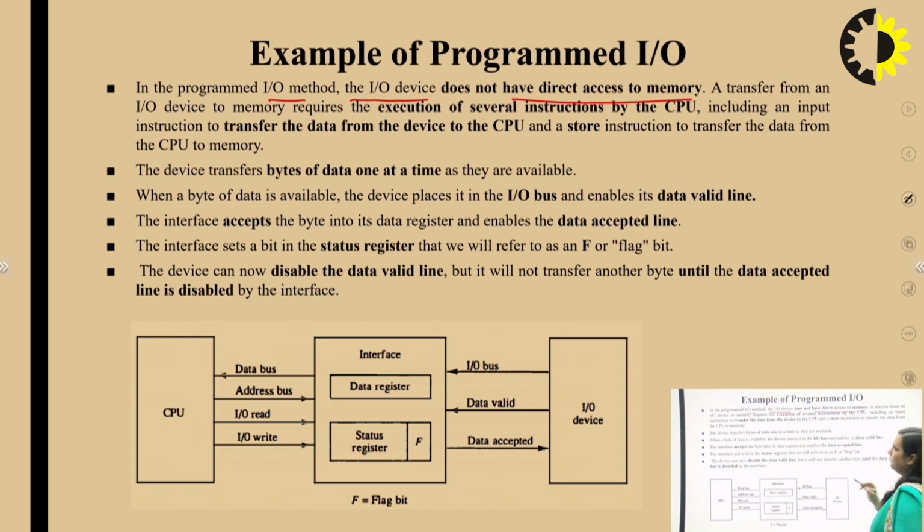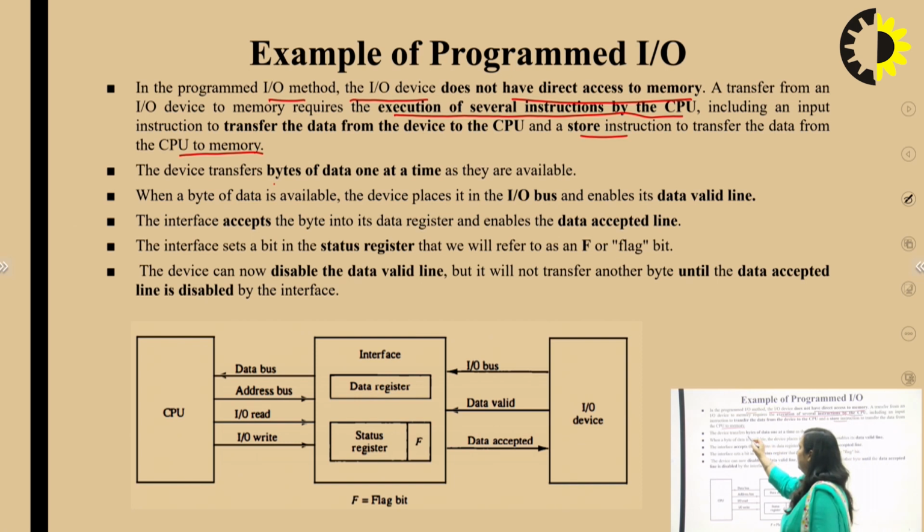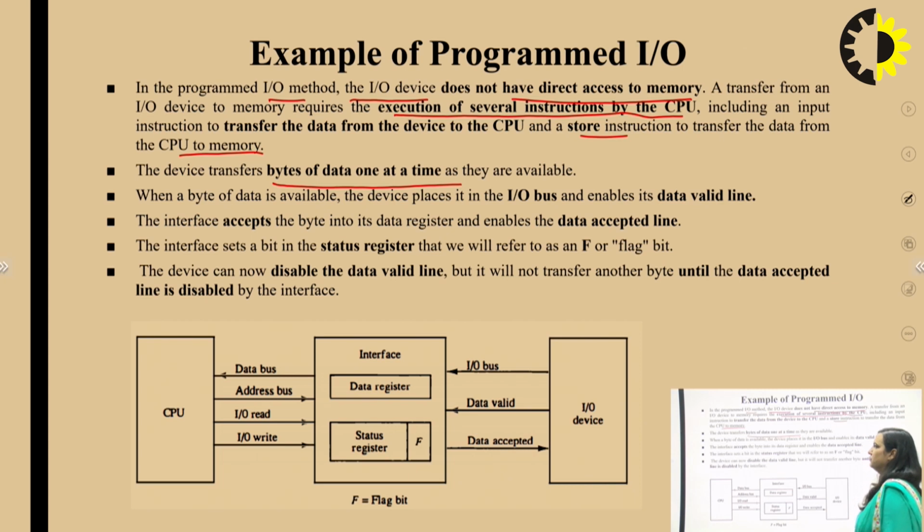So a transfer from an input output device to memory requires the execution of several instructions by the CPU, including an input instruction to transfer the data from the device to the CPU, and a store instruction to transfer the data from CPU to memory. And the device transfers bytes of data one at a time as they are available. As soon as they are available, the bytes are transferred one by one.